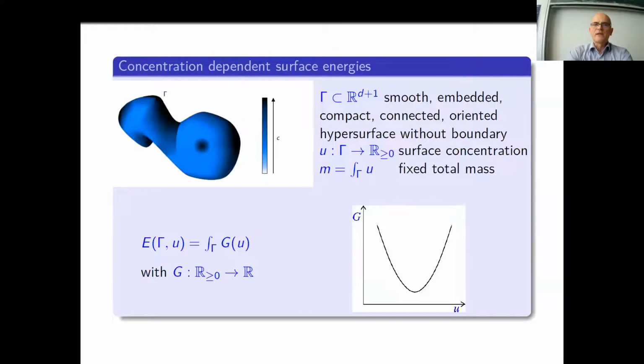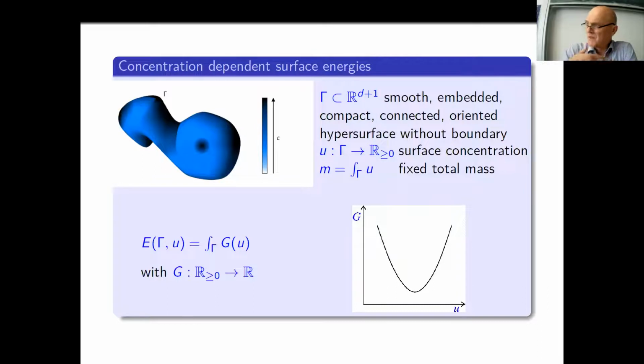So the situation I would like to look at now is the following. We now have again a hypersurface, let's say in R^{d+1}, and we assume no boundary. But now we consider a concentration, a function on the surface. For example, here where it is dark, the concentration is high, and where it's lighter, the concentration is low.